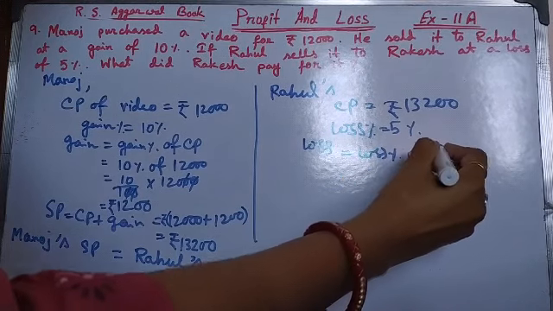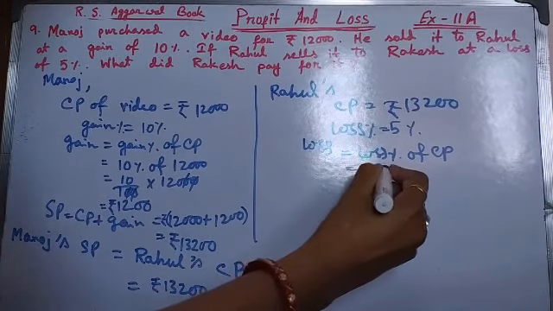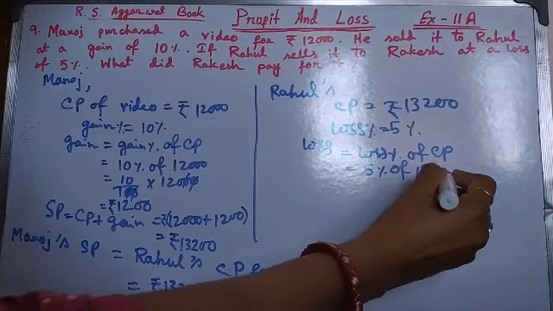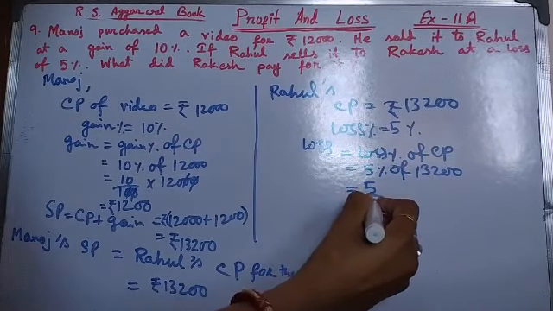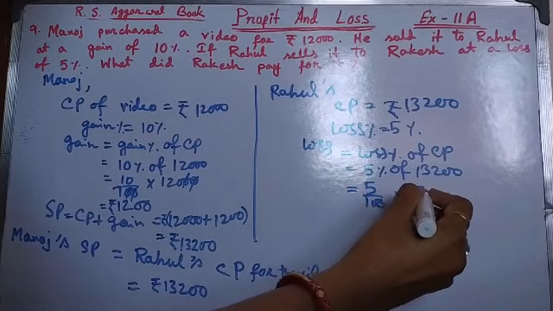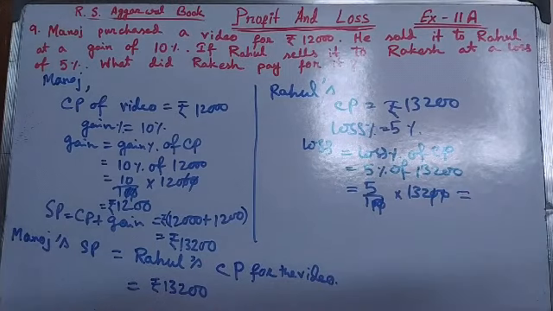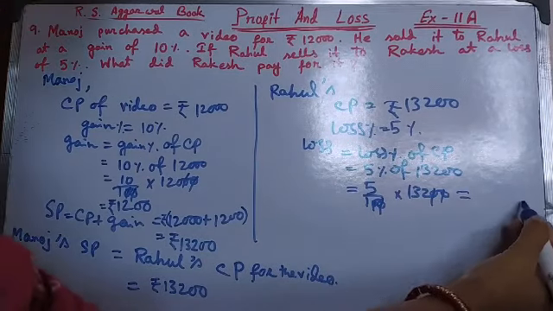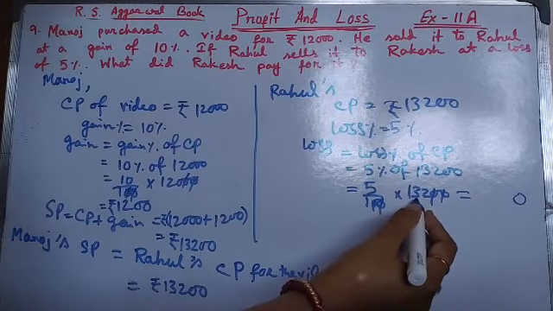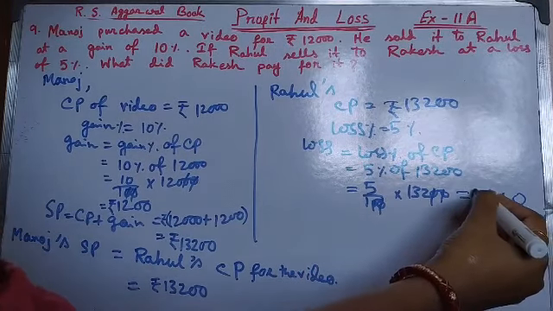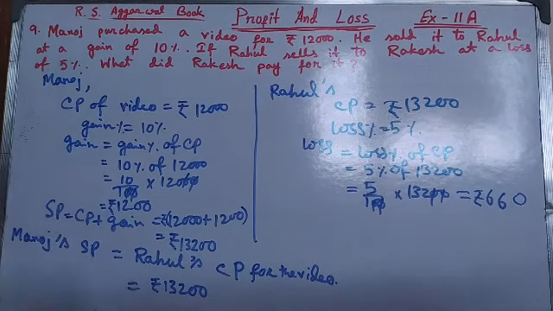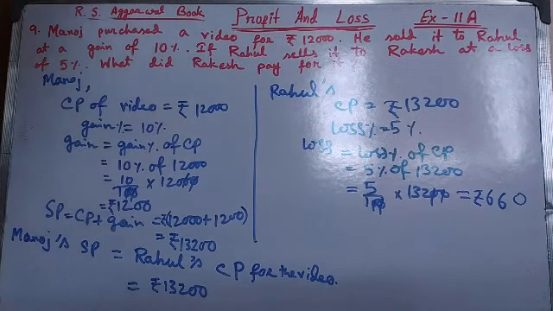Loss percent of CP, that means 5% of 13,200, then 5 by 100 multiplied by 13,200. Then 5 2s are 10, 1 carry, 5 3s are 15, plus 1 is 16, so 66. So 660 rupees is the loss.